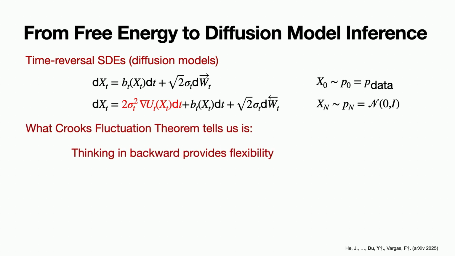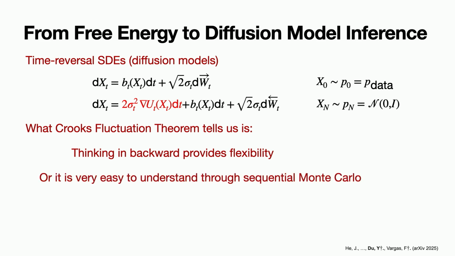What the Crooks fluctuation theorem tells us is that we don't have to think of the backward process as an equality, as in the version I showed initially, but you can actually derive what backward process gives you that estimator. So it provides an extra degree of freedom in design. Or it's very easy if you're familiar with sequential Monte Carlo. It's exactly just sequential Monte Carlo.